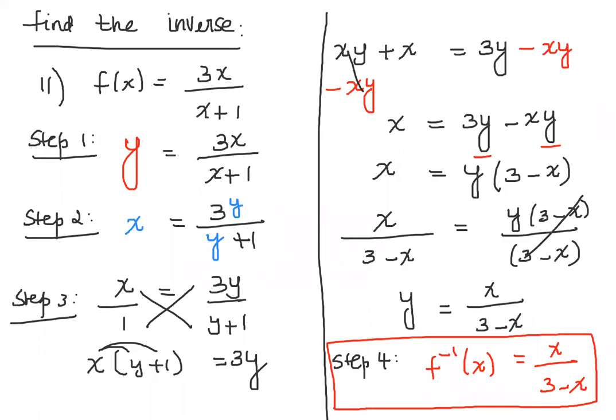And number 12. Again, we have to find the inverse for the function x squared plus 3 for x greater than or equal to 0. So again, do the steps. I'm not even going to write the steps, just going to do that.